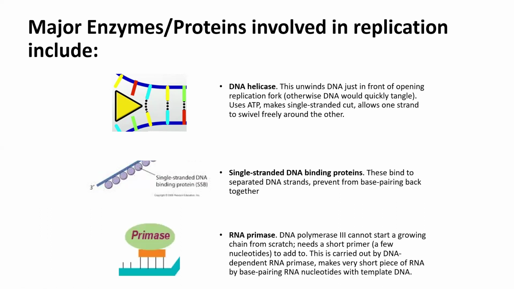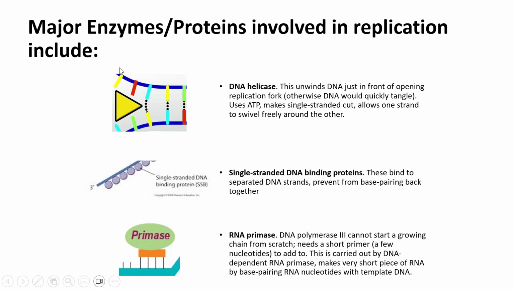Then, one thing that the replication process can't do is that it cannot start off out of nowhere. It needs a short sequence which allows you to have a starting point.